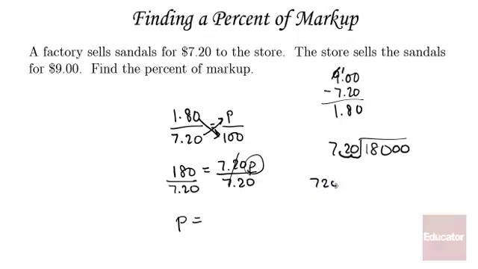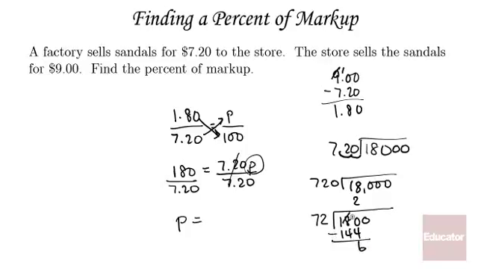So now we're looking at 720 into 18,000. Well, we can divide both the outside and the inside by 10, making our division a little bit easier here. So we have 72 and 1,800. That'll go in twice here, giving us 144. That's 6.